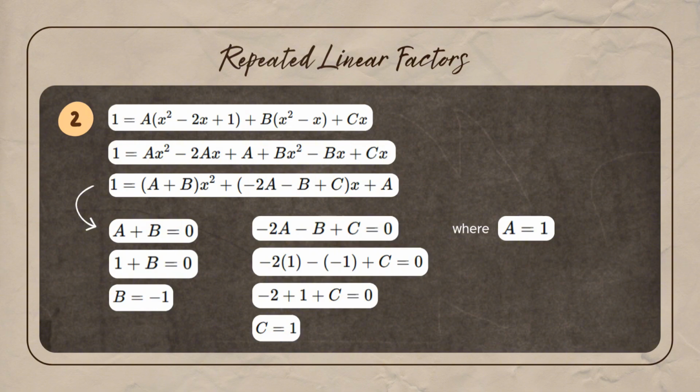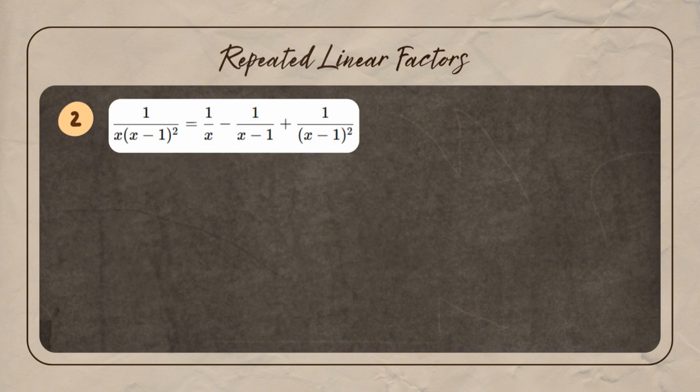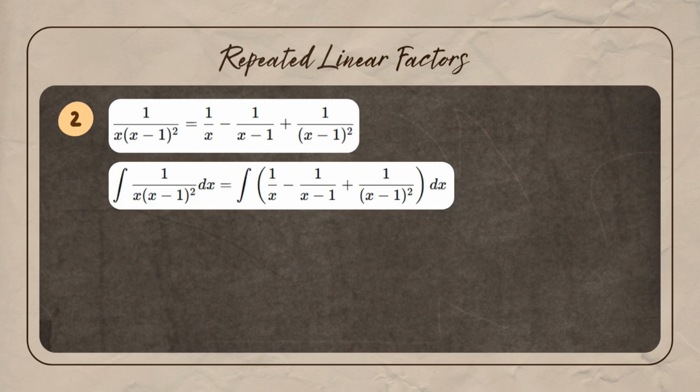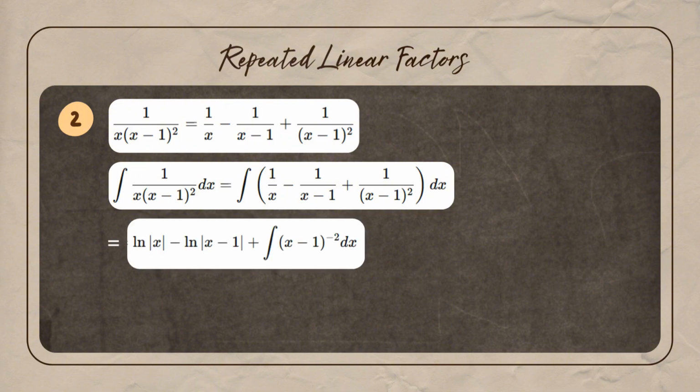Now we only need to substitute the a, b, and c, as you can see here. And then we need to rewrite the integral. After we rewrite the integral, we separate the integral. So there is the first integral and the second integral. The first integral we already integrated, so it becomes ln|x| minus ln|x minus 1| plus integral (x minus 1) to the power of minus 2 dx.